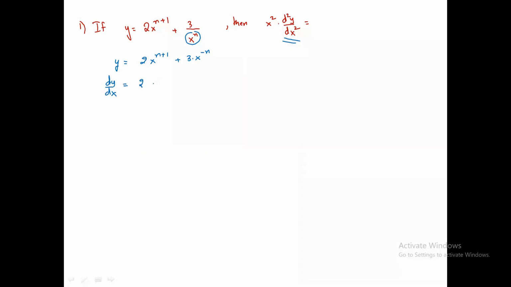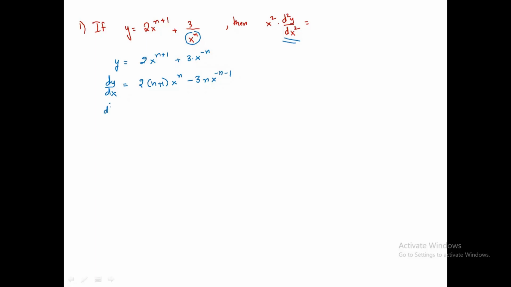Derivative of x power n plus 1 is n plus 1 x power n plus 1 minus 1. That is n. Only n is left in the power. And then the second one, 3 into derivative of x power minus n is minus n into x power minus n minus 1. This is the first derivative.